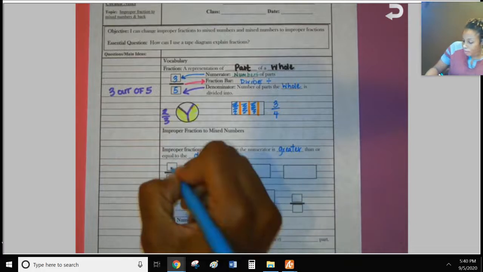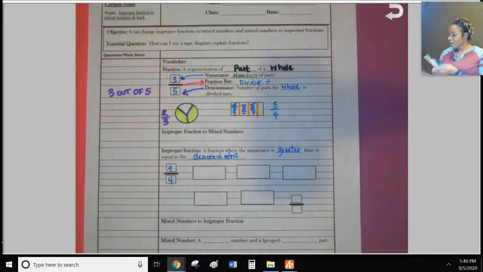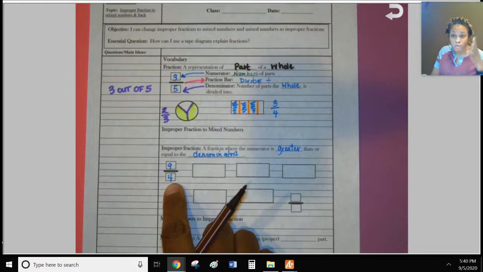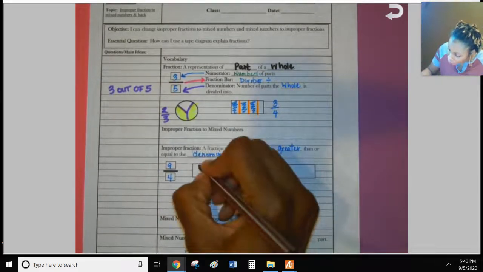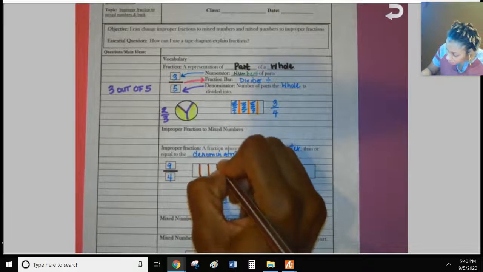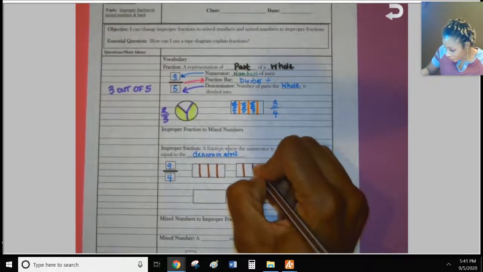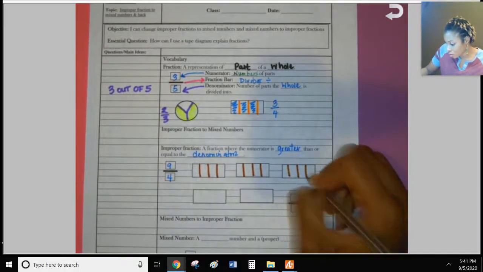So we can have an improper fraction of 9/4. How would we model an improper fraction of 9/4? Well, first of all, the denominator tells us how the whole is broken up. So here I see a whole, and I'm going to break it into fourths. And here I see a whole, I'm going to break it into fourths. And here I see a whole, I'm going to break it into fourths.